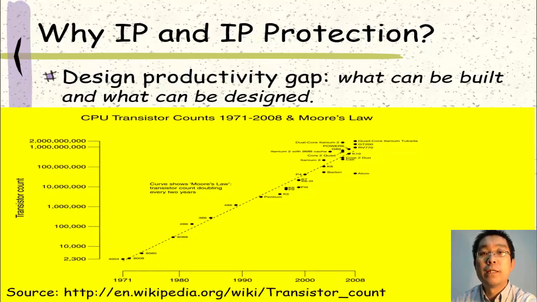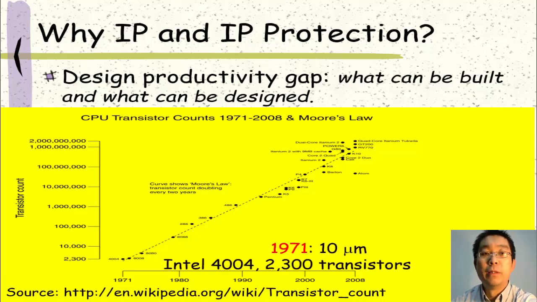The Moore's law says that the number of the transistors on a chip is doubled every 18 months. I don't want you to read all the words in small fonts in this figure. What is important is that back in 1971, the Intel 4004 processor has 2300 transistors under 10 micrometer technology.